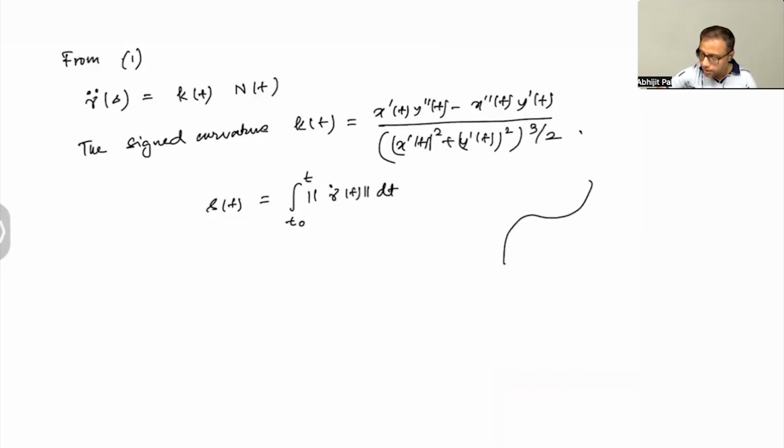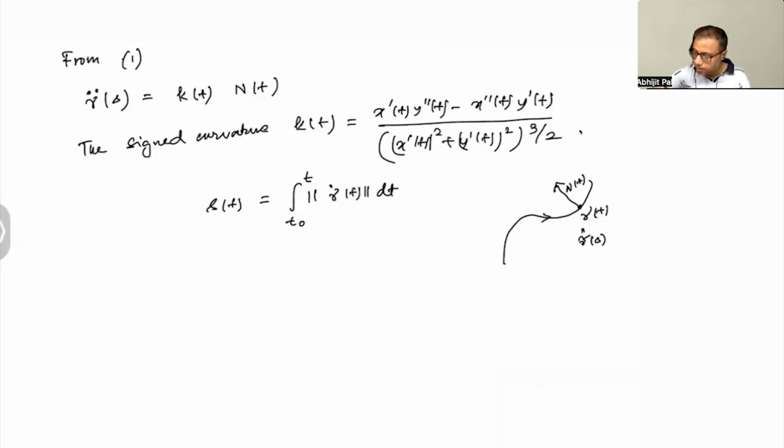Let me draw this diagram. So we have this gamma. Gamma T, we have started with the parameter T, and then we have taken the arc length parameterization. Suppose this is my point gamma T, and again I can write T as a function of S. So this point will be gamma tilde of S, and we are taking this normal vector here.